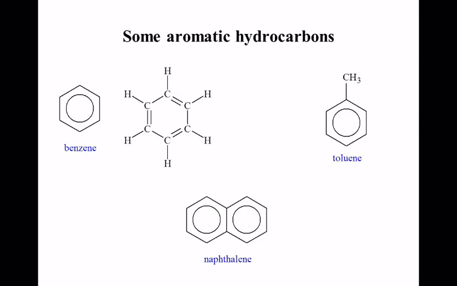Naphthalene, which is kind of a weird little child. Again, it's just a hydrocarbon, so we have carbon, carbon, carbon, carbon, carbon, carbon. The red things are carbons. And then kind of like benzene, these are hydrogens. So what do you think? Are there any hydrogens here? I don't think so.